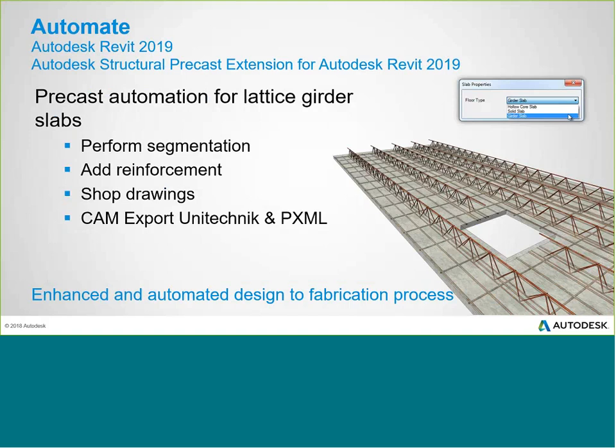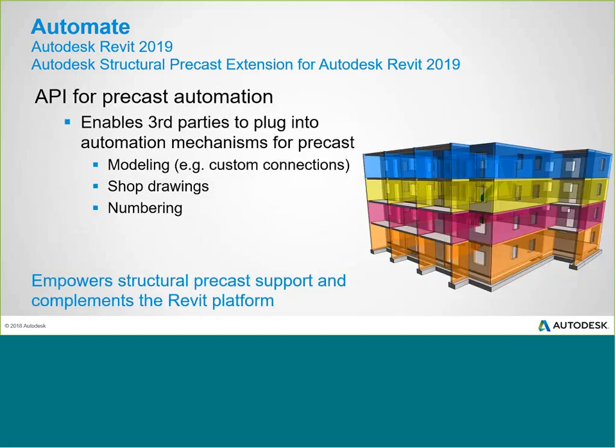So to automate, again, this is kind of focused more on the structural side, but precast automation for lattice and girder slabs. And this enables third-party plugins to automate mechanisms for precast.